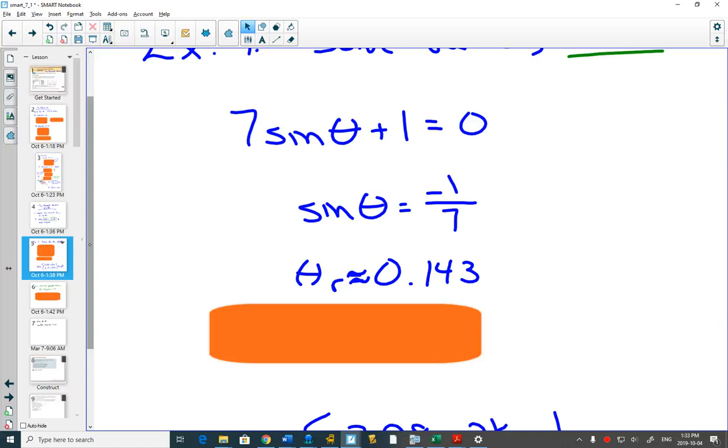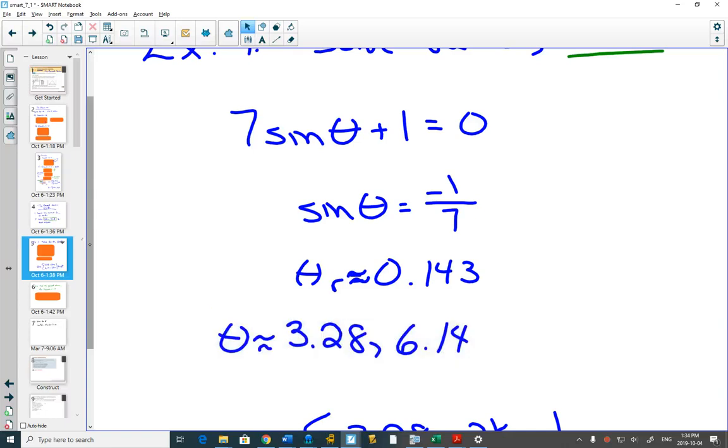Then once we have our reference angle, what quadrants will this one be in? Sine is negative, so quadrants 3 and 4. So we can find if my reference angle is 0.143, then my angles would be 3.28 and 6.14.